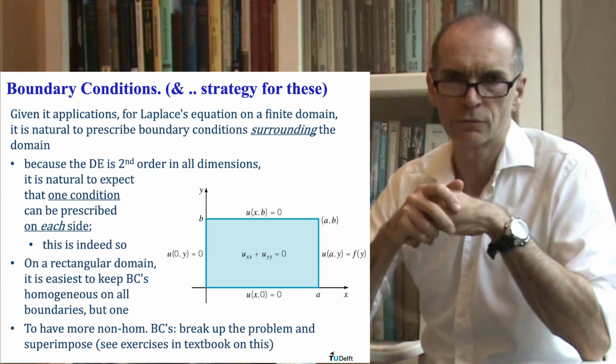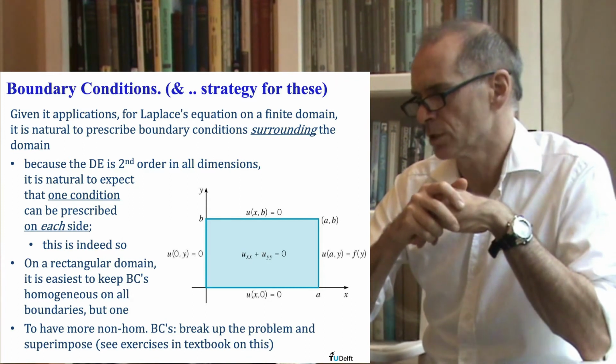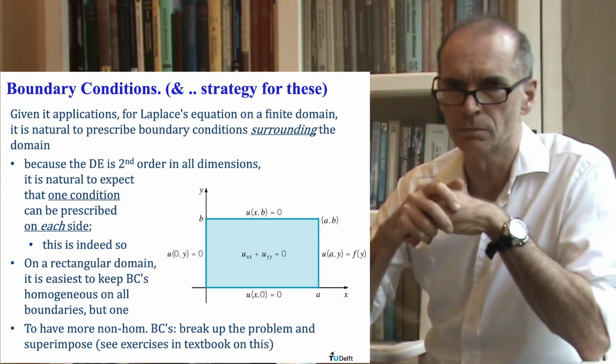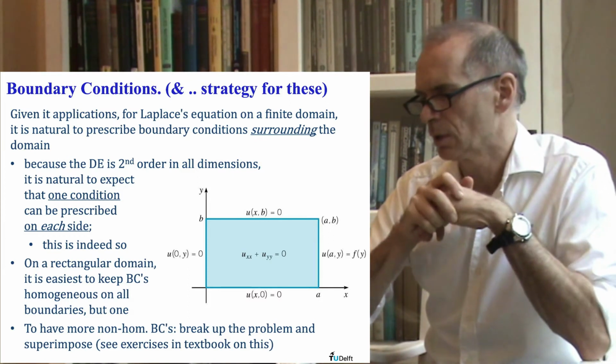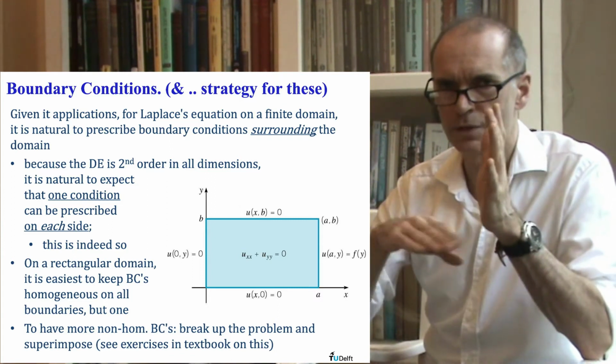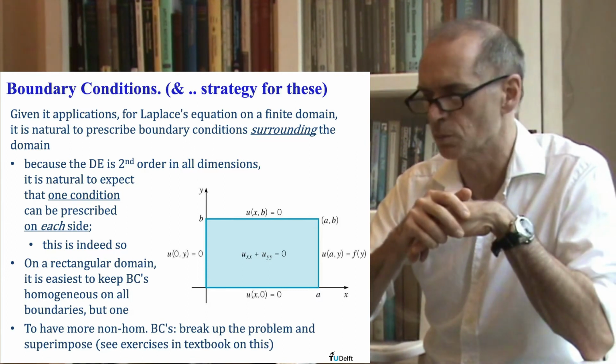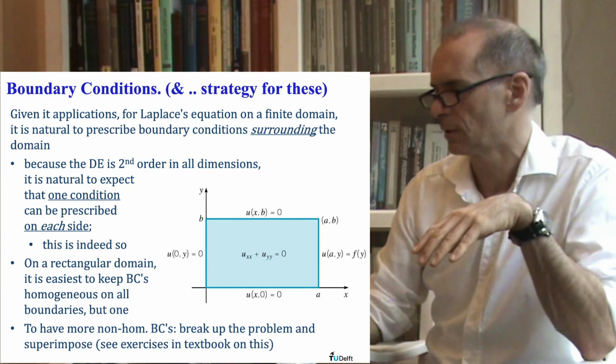So that is again different from what we did for example, the wave equation, which was also second order in both of its coordinates. But then we chose to have boundary conditions on 2 sides and 2 initial conditions on one side, and one side was left open to infinity, for example.